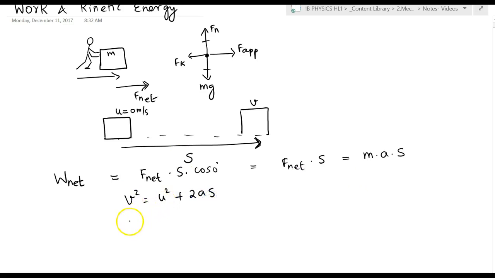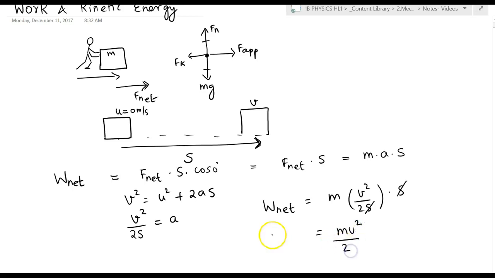Since our initial velocity is 0, v squared divided by 2s is equal to a. Substituting, we get net work done equals m times v squared over 2s times s, and the s cancels out, leaving us with m v squared over 2.